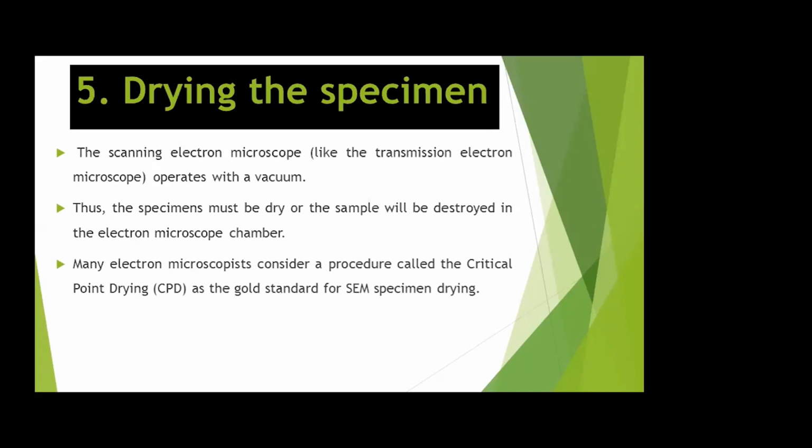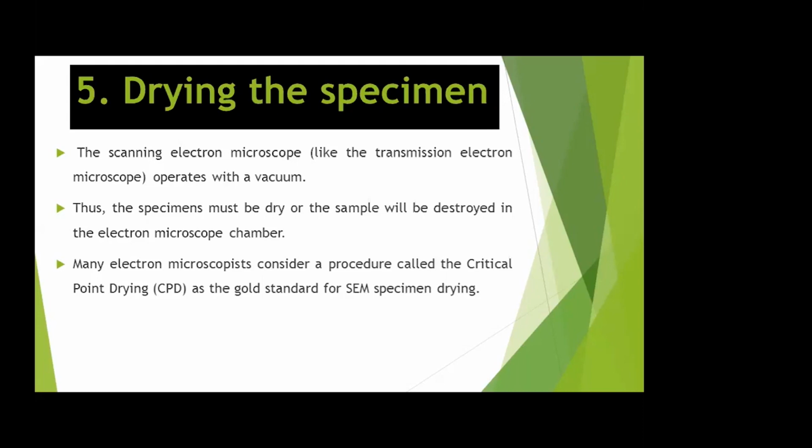Probably in 1957, a commercial company introduced this method of critical point drying. Here, water that is present in the sample is replaced by another fluid. We have to select a fluid very carefully, which has got a critical point of drying. Under special pressure situation, it replaces the water content in the specimen.